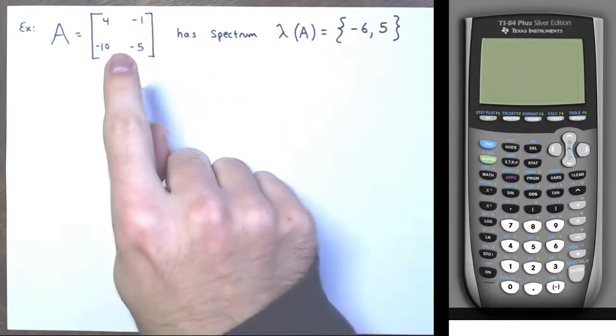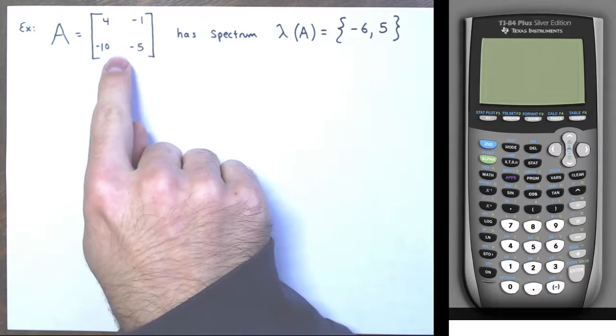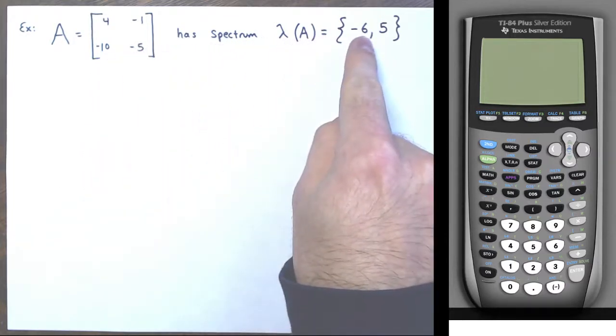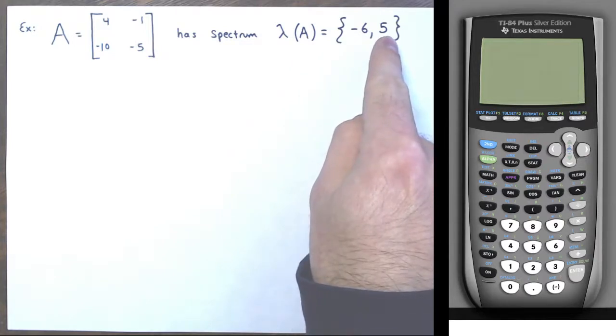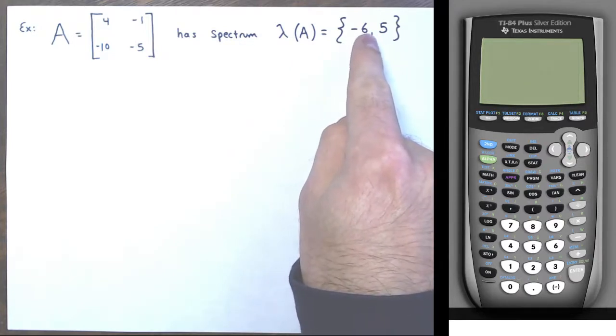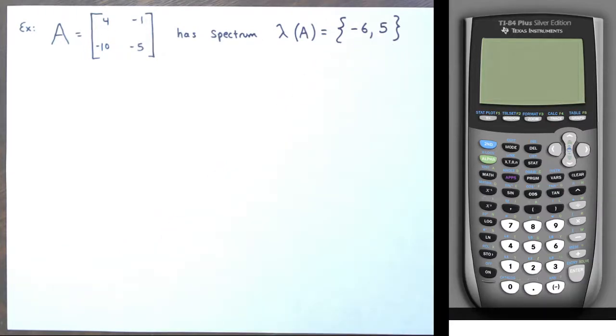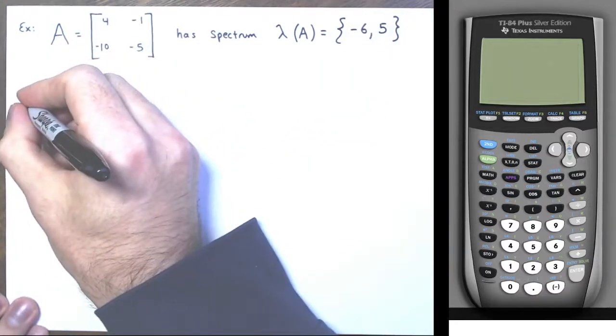And so this 2 by 2 matrix has spectrum. The spectrum of A is the set with -6 and 5 in it. So -6 is an eigenvalue of A, and 5 is an eigenvalue of A as well. And just like last example, I'm going to go first.